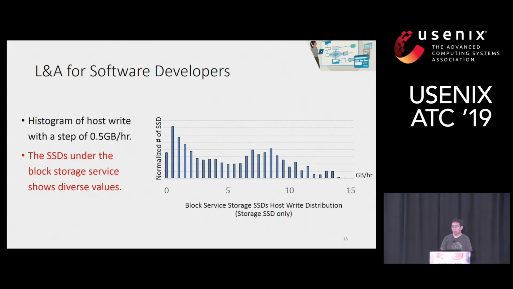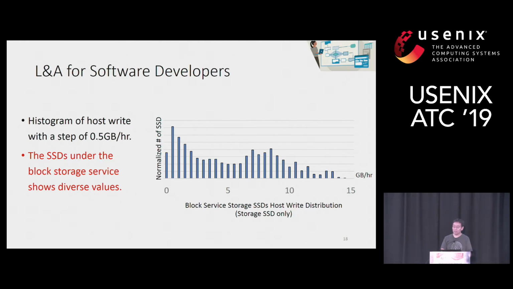On the x-axis is the hourly average host write rate. On the y-axis is the normalized number of nodes at that write workload. As you can see, the usage ranges from less than 0.5 gigabytes an hour over the 3 months period to about 10 gigabytes an hour.